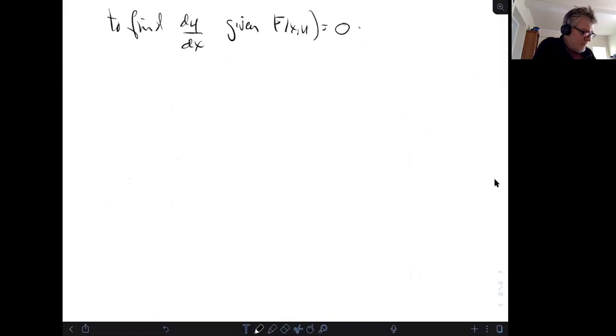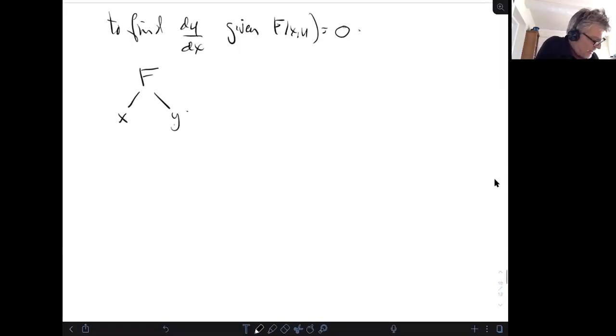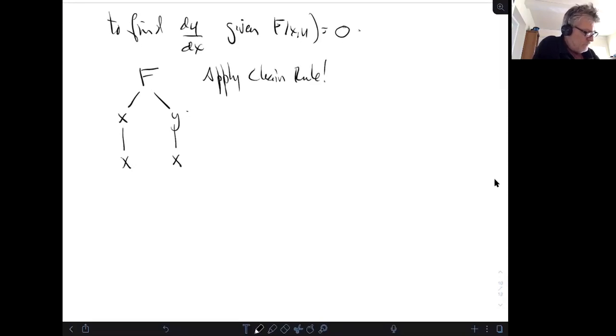Here's the idea. It's a very cute idea. You have your function f, which is a function of x and y. And now I'm viewing y as a function of x. So if y is a function of x, this is a function of x, and obviously x is a function of x. It's x, right? So now I can apply the chain rule to this. What does the chain rule say?